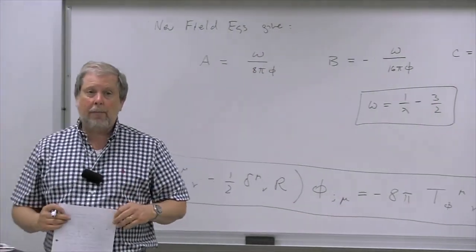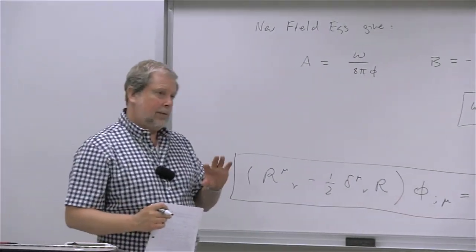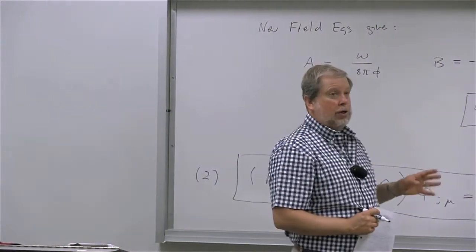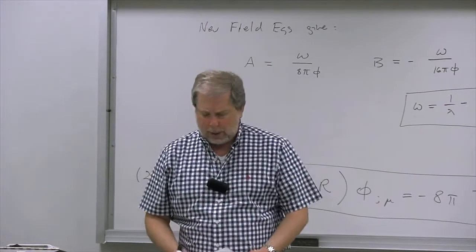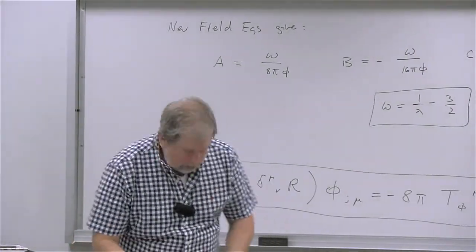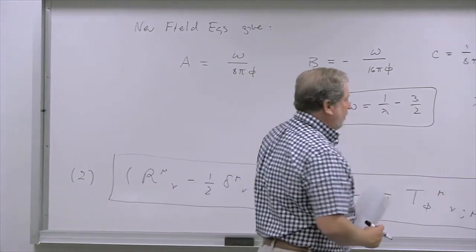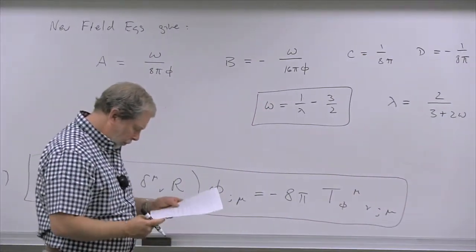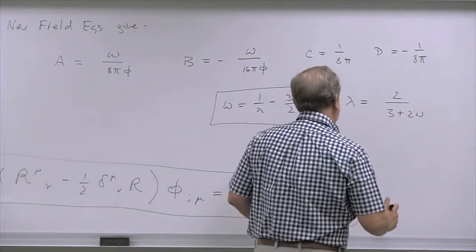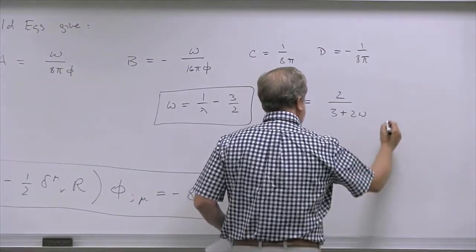The original coupling, because phi, of course, has dimensions, right? Because it is related to G. 1 over G is phi. But the coupling itself is dimensionless.